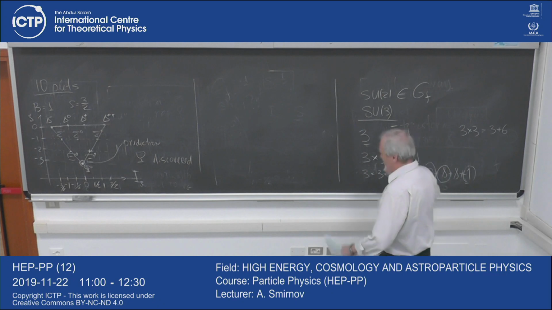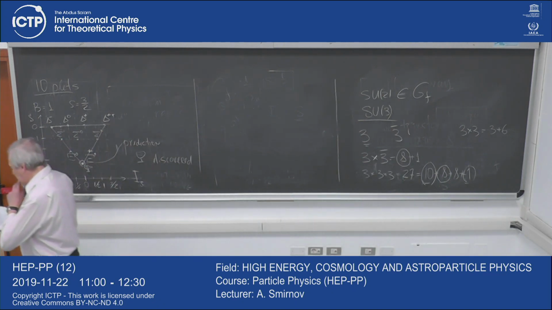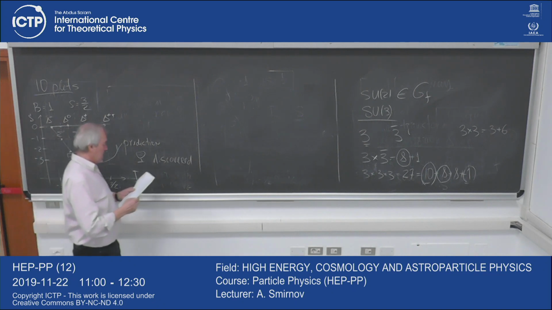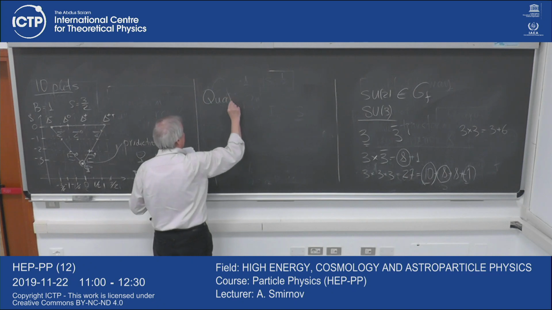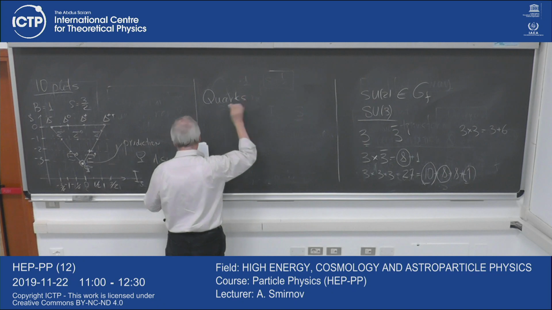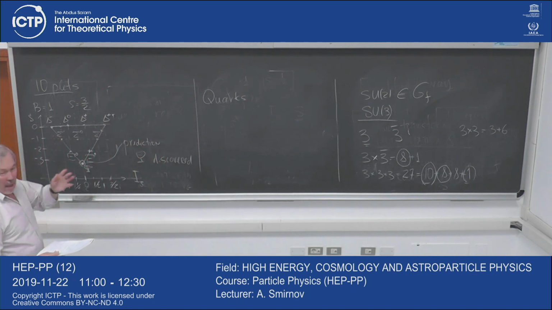Now let's focus on fundamental representations. And the answer to this question, as you already mentioned, is the introduction of quarks, which do transform under the fundamental representation. How about pentaquarks?